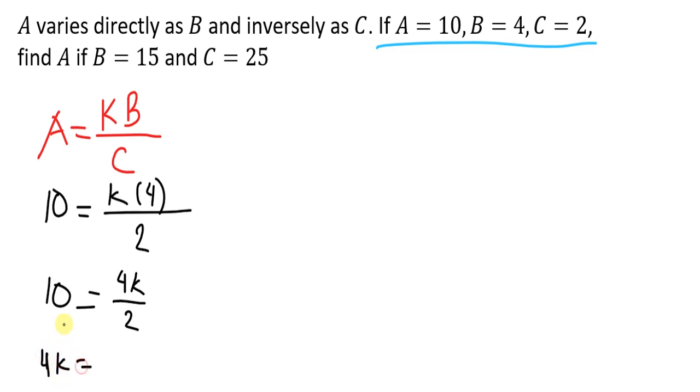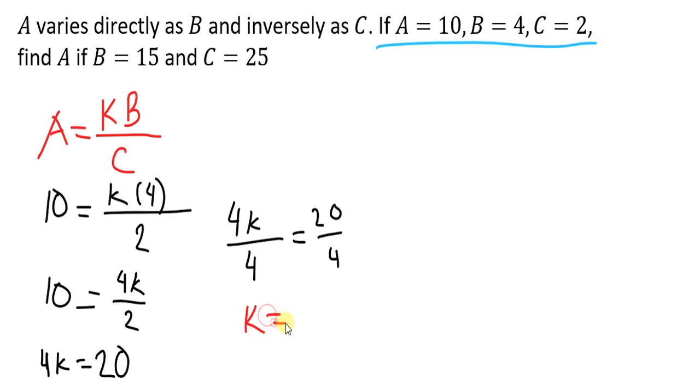And that's equal to 10 times 2, that is 20. So, 4K is equal to 20. Dahil may kasama pa yung K, so divide both sides by 4. So, it is 4K divided by 4 is equal to 20 divided by 4. So, matitira na lang dito is K. And 20 divided by 4, that is 5.